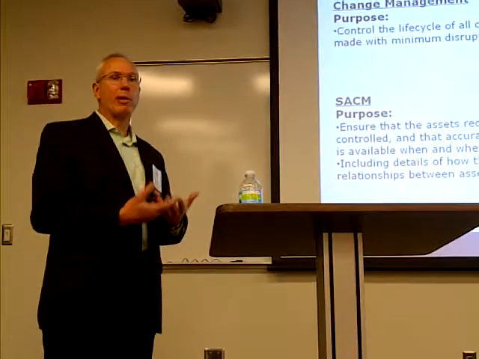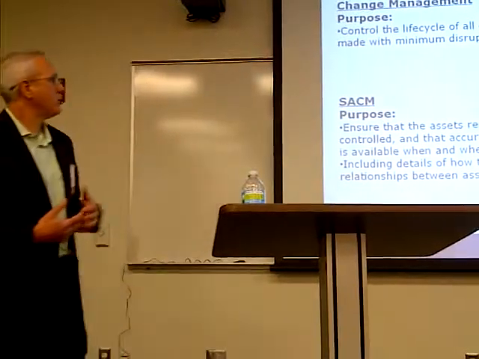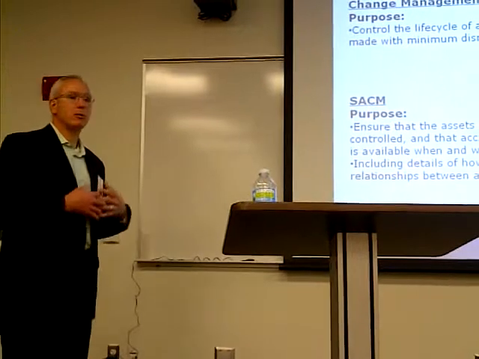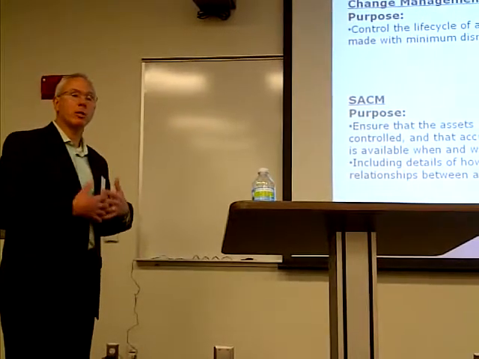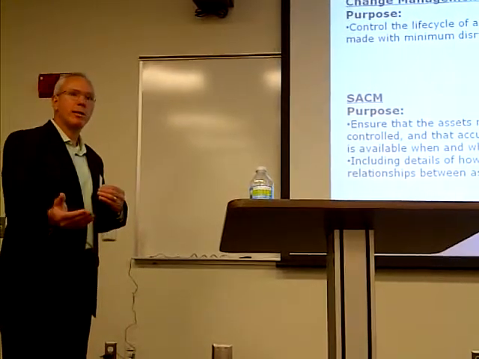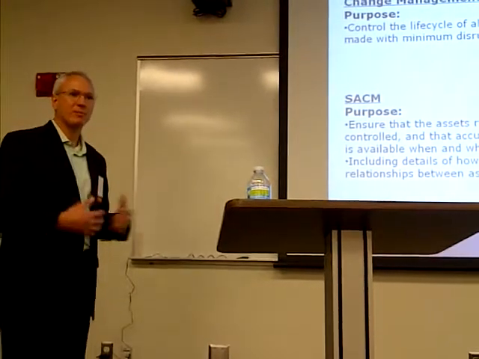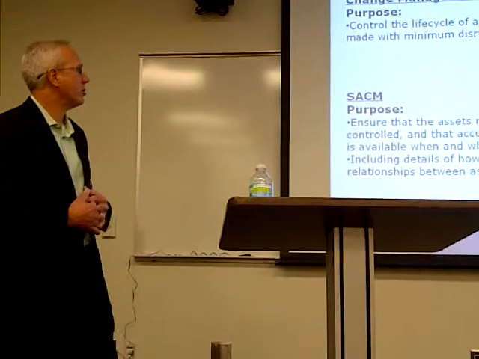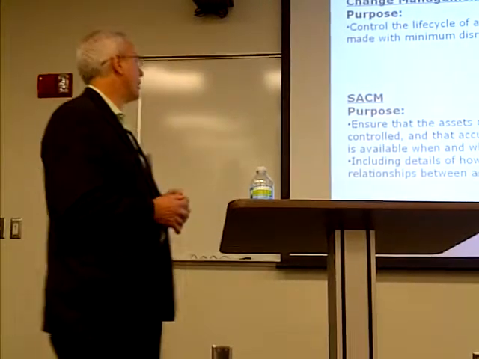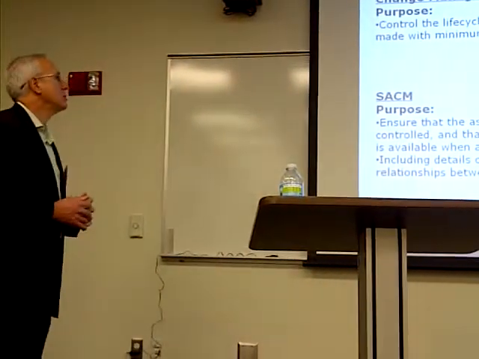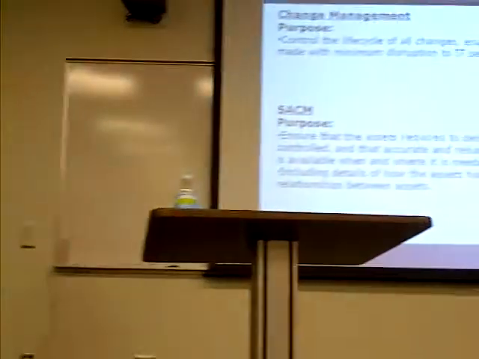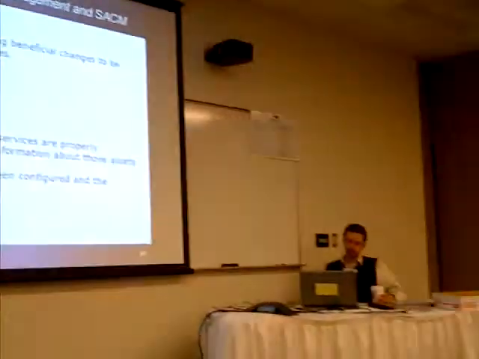How do I prioritize this? I also use this information to do some investigation and diagnosis. Your application is down. Well, I see that I have a server down, and I see that your app's hosted on that server. So there you go. That's how I can restore your app and your service as fast as possible using this information. The acronym stands for Service Asset and Configuration Management.